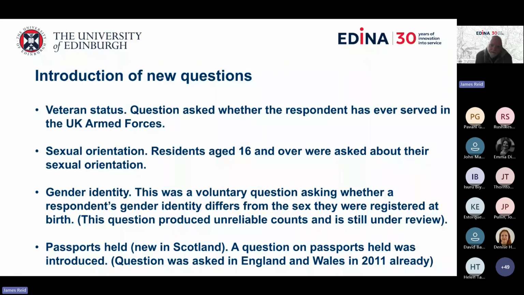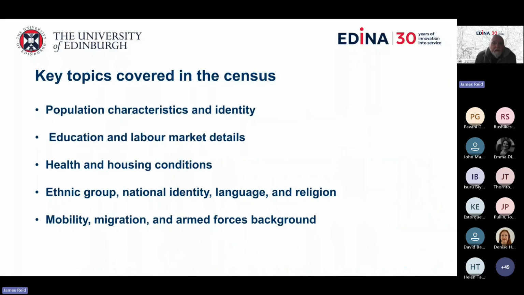Sexual orientation made its appearance for the first time, to a degree of contention. The gender identity issue was slightly contentious, the second of the questions there. And also we had some introduction of new questions related to passports. That was actually introduced new in Scotland, but it was previously asked in England and Wales in the 2011 census.